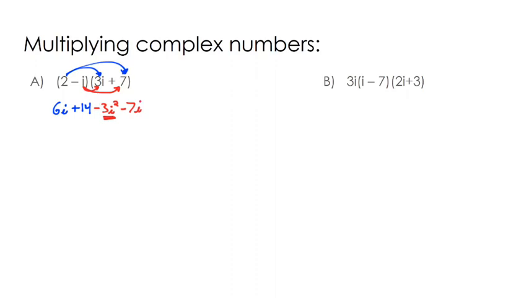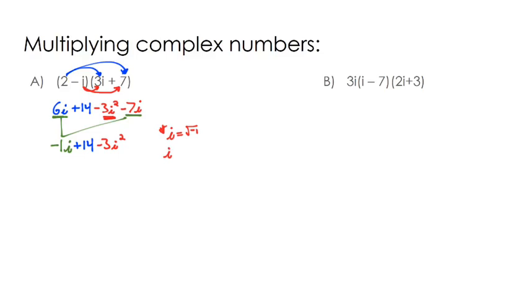At this point, you probably see, okay, we got a couple of like terms that we can combine. I look at my 6i, and then I take away 7i. Those two, when I combine them, are going to leave us with negative 1i. Then you still have your 14, but then we have this negative 3i squared. Well, we need to recall that i equals the root of negative 1.